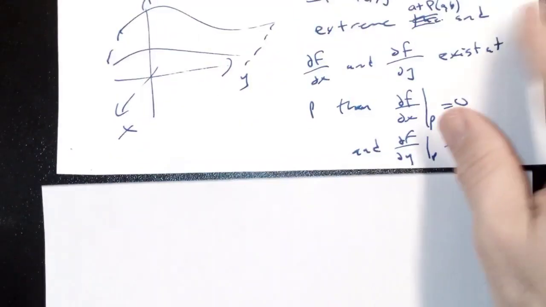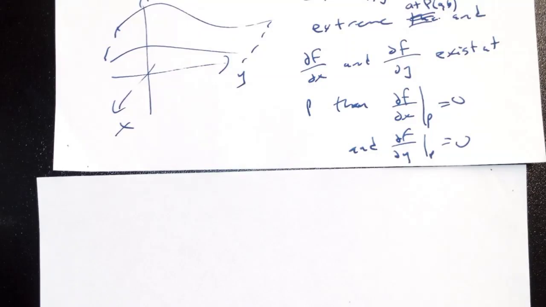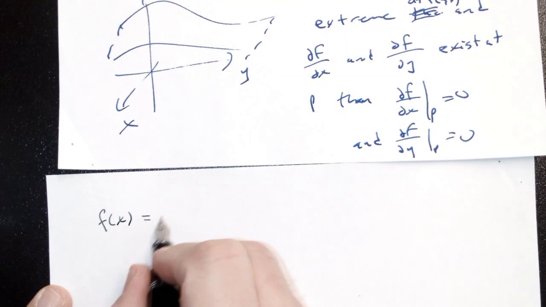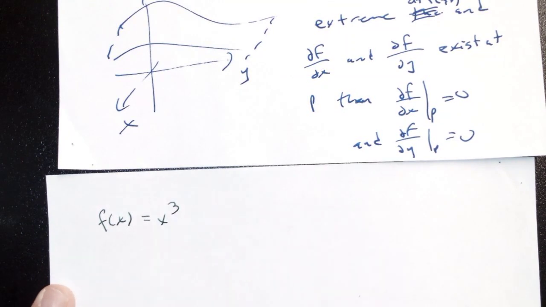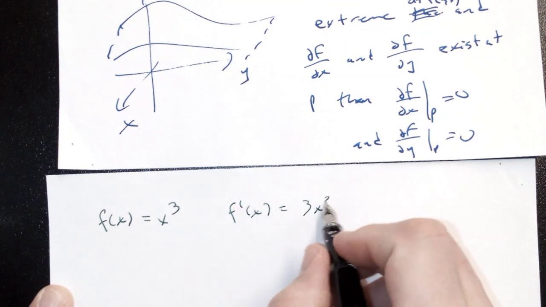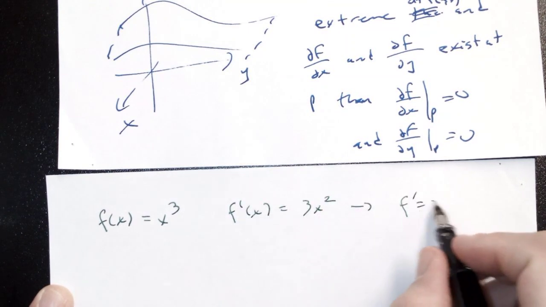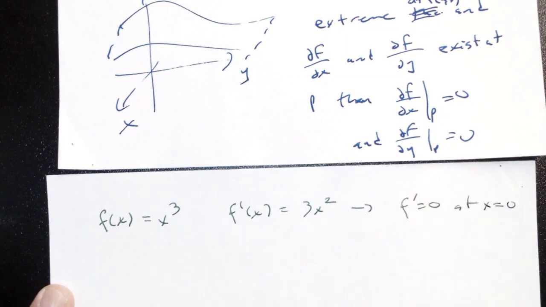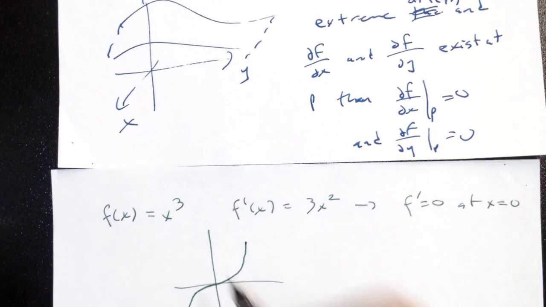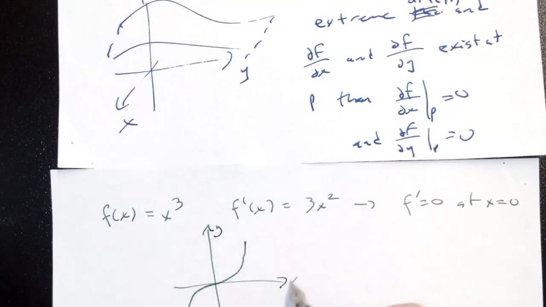Remember, if we go to do, say, f of x equals x cubed, well, then the derivative is equal to 0 at x equals 0. But x cubed does not have a maximum nor a minimum at 0.